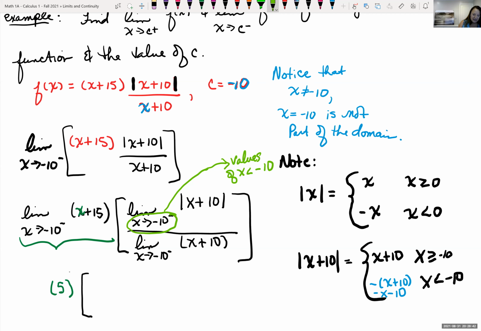And so that tells me that I would be plugging it into this piece of my absolute value. And let's just think about it. If we plug in a number into that absolute value, the number that we're going to get back is positive, isn't it?